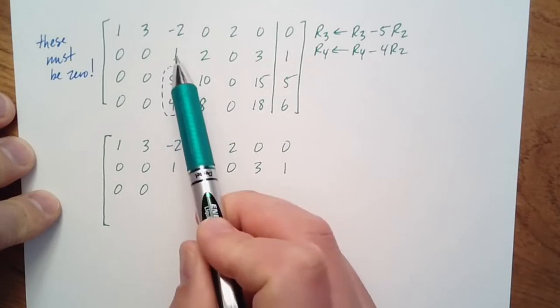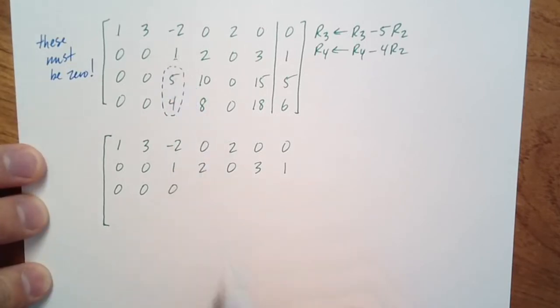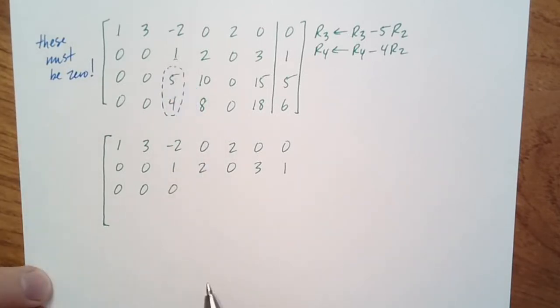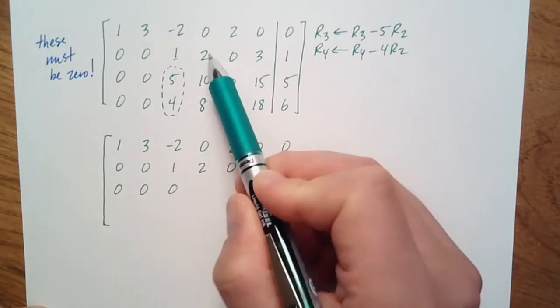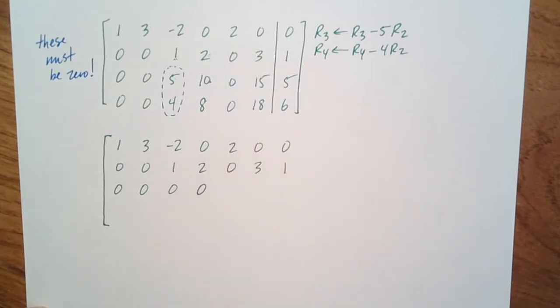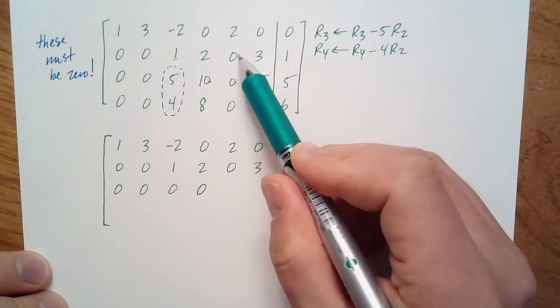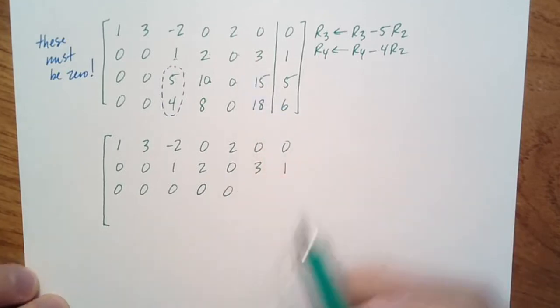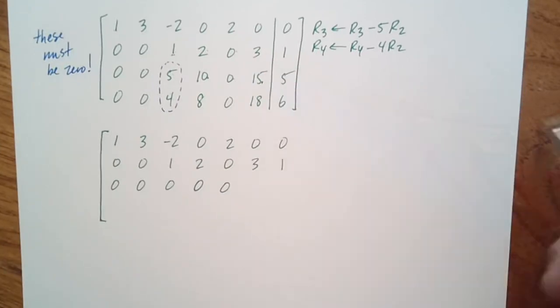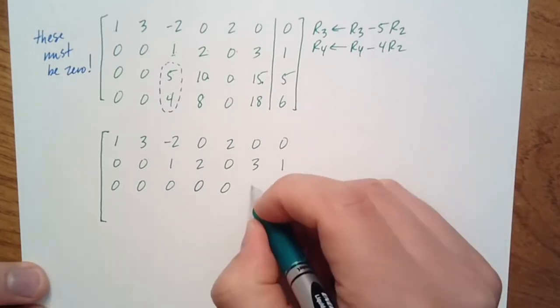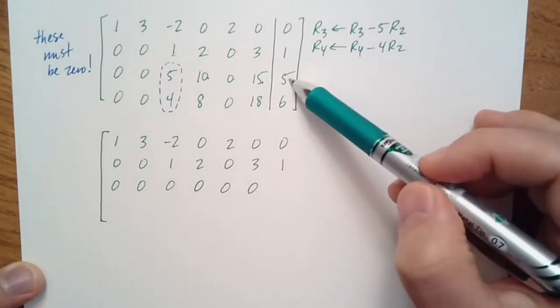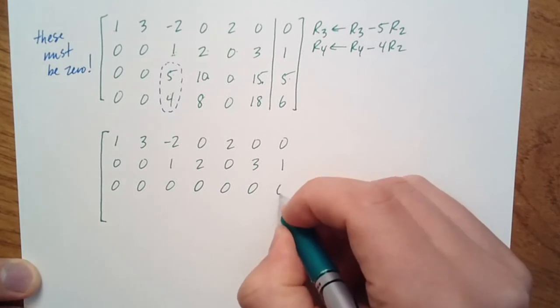So 5 minus 5 times 1, that'll be 0. No surprise, because that's what we were hoping for, right? 10 minus 5 times 2, that's going to be 10 minus 10. 0 minus 5 times 0, that'll just stay as a 0. 15 minus 5 times 3, that's 15 minus 15, which is 0. And 5 minus 5 times 1 is 5 minus 5, which is 0.